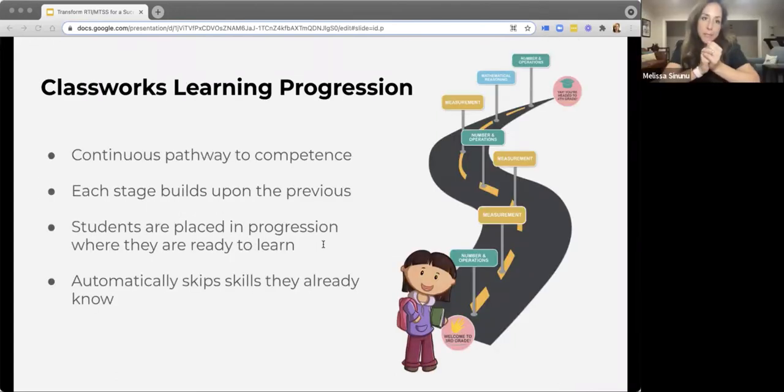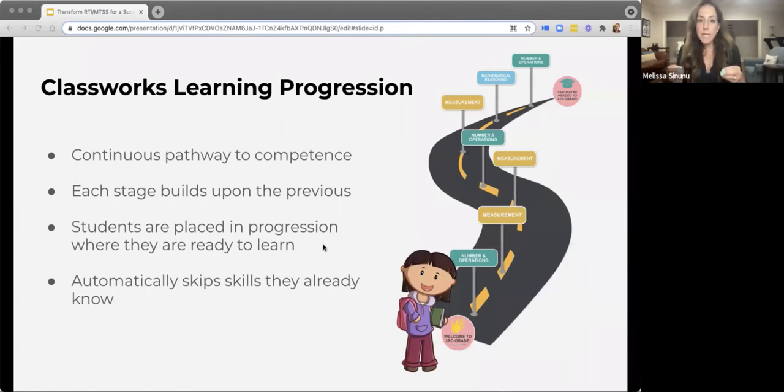That's right, Judy. There are a lot of great options out there, but here's just a little bit more information about how the Classworks intervention works. Classworks individualizes the skills for each student within a learning progression to ensure every student is working on skills they are ready to learn. So what is a learning progression? Learning progressions are a continuous pathway along which students move incrementally through increasing competence.